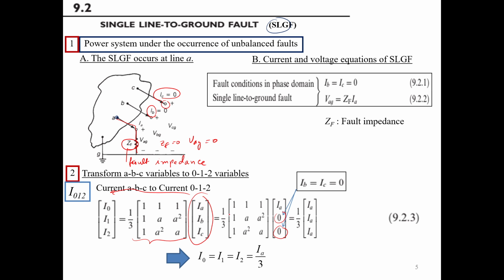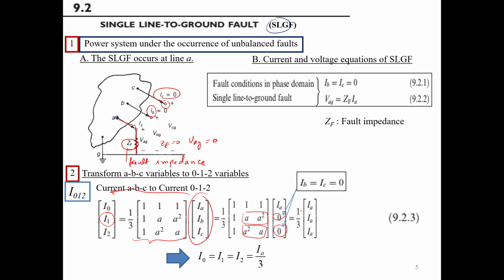When you multiply the matrix with the column vector, you see that these two zero entries would cancel the multiplication with A and A square.